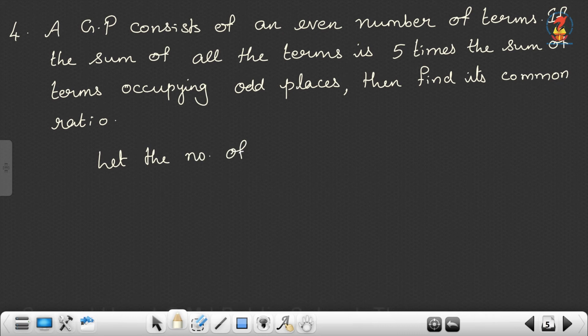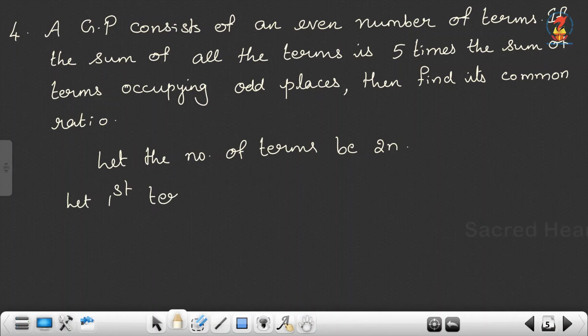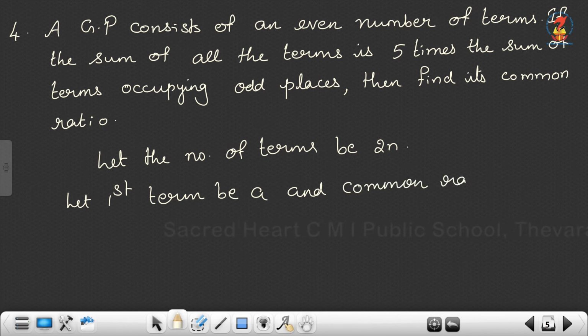Then the sum of all the terms. So we have to find the sum of all the terms. Let the first term be a, because we need it before we can use the formula. It is a GP, and let the common ratio be r, and the number of terms is 2n.